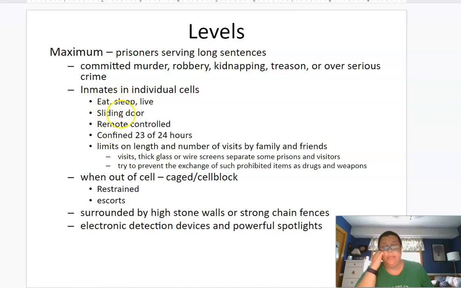In a system that is maximum, and there are different maximum levels within the system, these individuals are in these cells, and this is basically where they live. Most of them will get only 1 hour of recreation in a 24-hour period. They eat in their cells, they sleep in their cells, they do all their bodily necessities in their cells. And when they are moved around the prison, they are moved by escort.